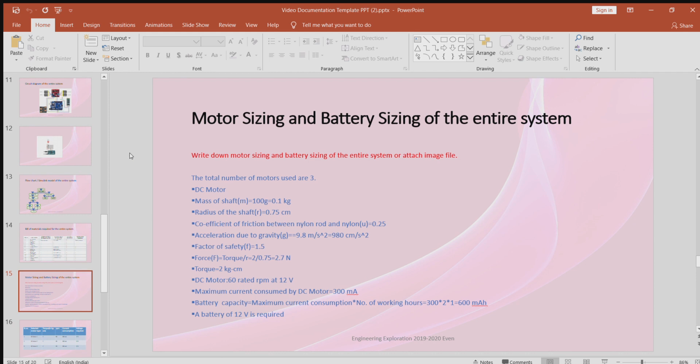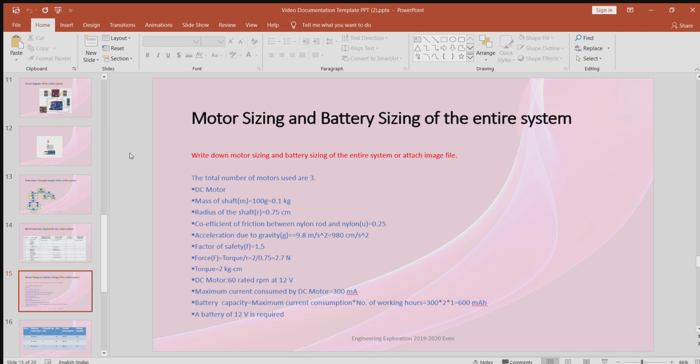Motor sizing and battery sizing. The total number of motors used are 3. Mass of the shaft is 0.1 kg. The radius of the shaft is 0.75 centimeters. The coefficient of friction between nylon rod and nylon is 0.25. Acceleration due to gravity is equal to 9.8 meter per second square.